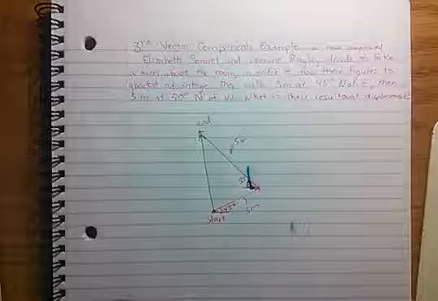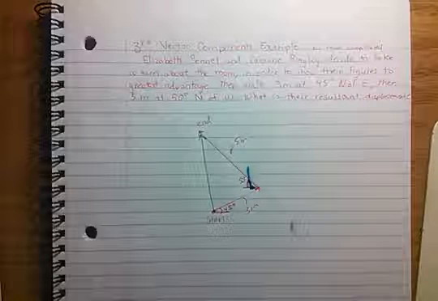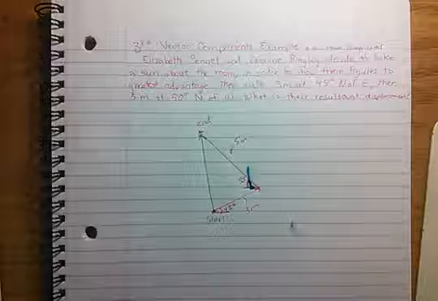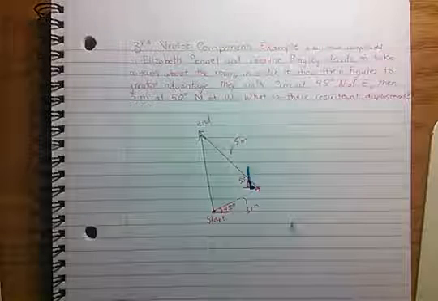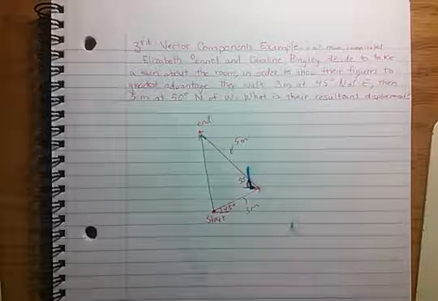All right, we want to break this up into components. We want to find out how far Miss Bennet and Miss Bingley went in the x direction and how far they went in the y direction. So let's just try to visualize this for a second.